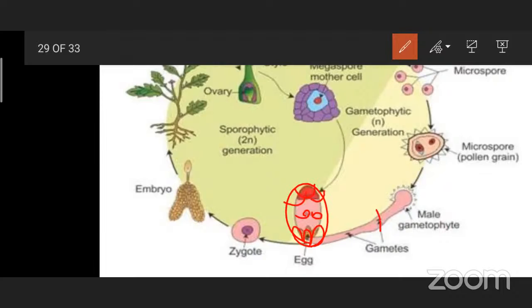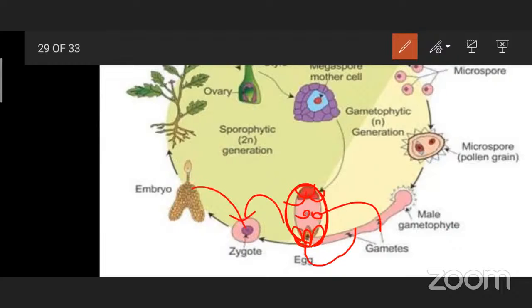One male gamete is fused with the diploid nucleus, and another male gamete is fused with the egg cell. Double fertilization occurs.